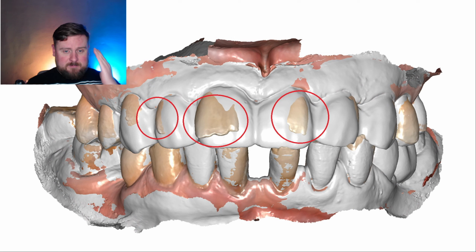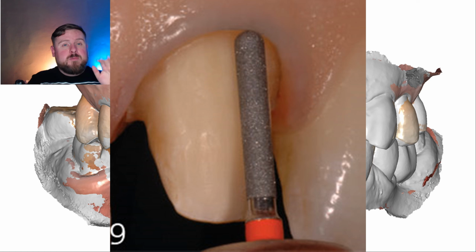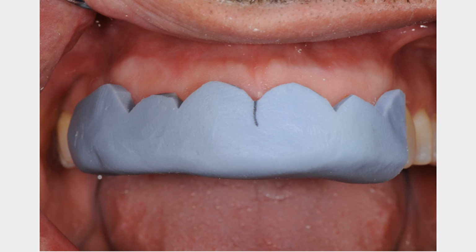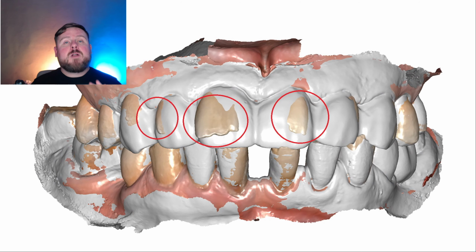As you can see, there are already some tooth parts protruding. During the mock-up, they were removed. The doctor cut the teeth which were protruding because he could not put on the mock-up silicone to make a mock-up in the patient's mouth. So these parts are already removed. And you can remove even more.